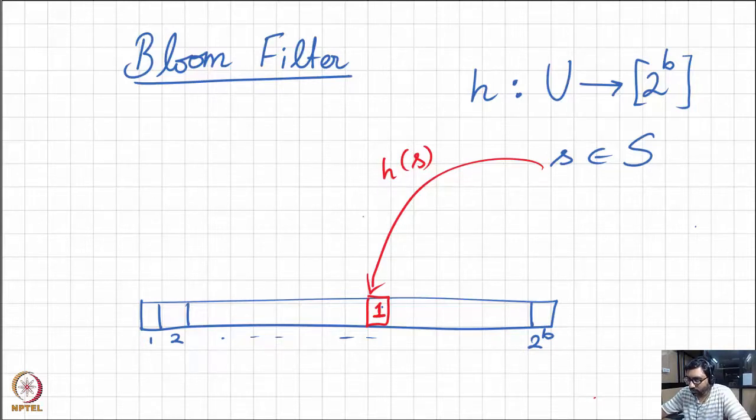And this certainly is an improvement over using a balanced binary search tree to store all the fingerprints, because you don't need to store all the bits of the fingerprint. We are implicitly storing the fingerprints as indices in this binary array, and moreover the query time is just O of 1.